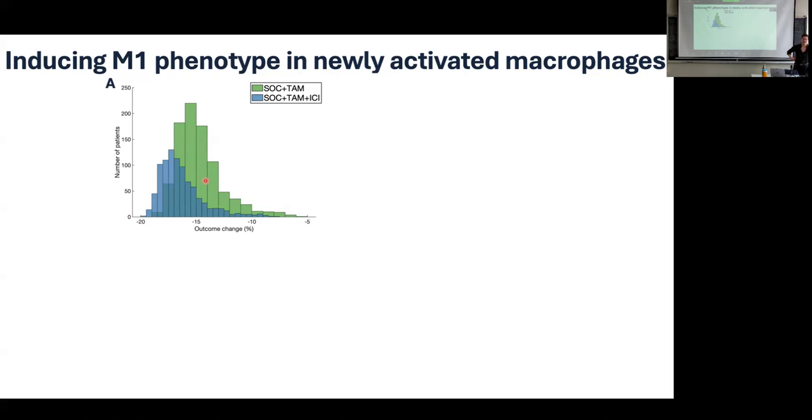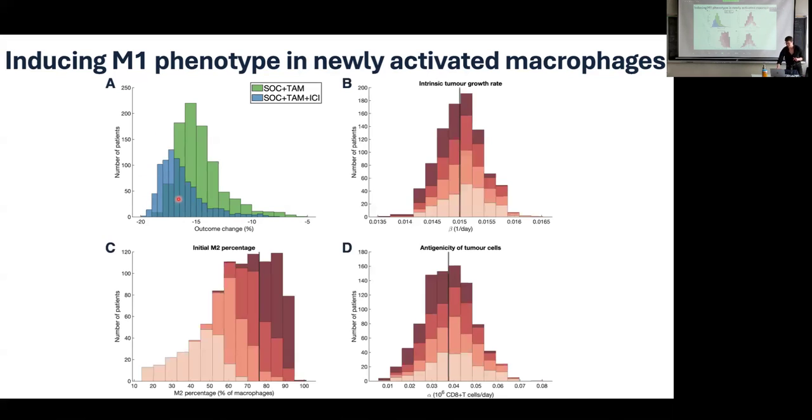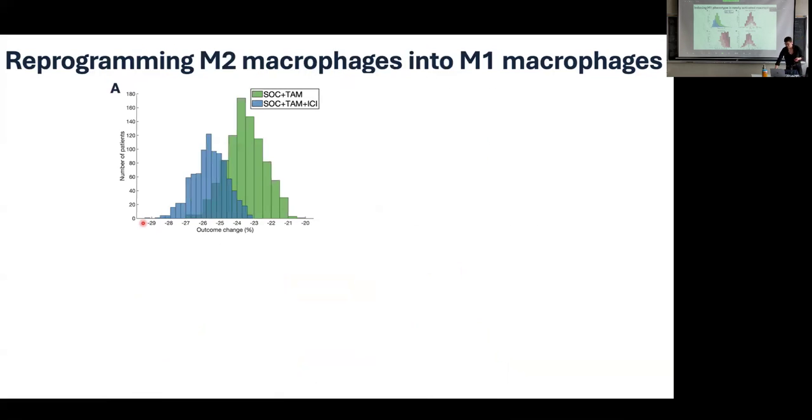Minus 100 would be 100 times more effective than the standard of care. So here you can see that you get a little bit more benefit than the standard of care, and the immune checkpoint inhibitor does a little bit more than just the macrophages. This seems to be driven generally just by the initial M2 percentage. Whatever percentage you have, if you have more cells, you can repolarize more of them, you get a better effect. And so you get about a 20% increase in efficacy if you used this kind of therapy.